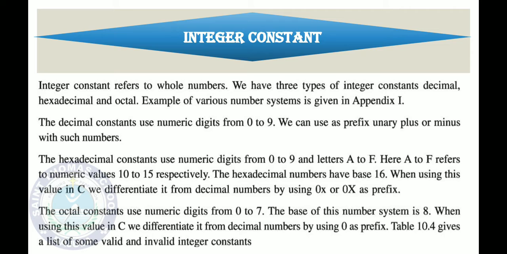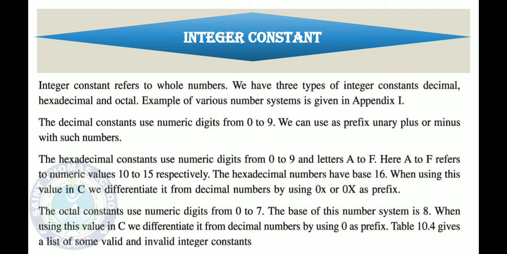So the decimal constant has a base of 10, which means decimal constants use the numeric digits 0 to 9, and with the help of these digits only we make different number series. We can use a unary plus or minus as a prefix with such numbers.